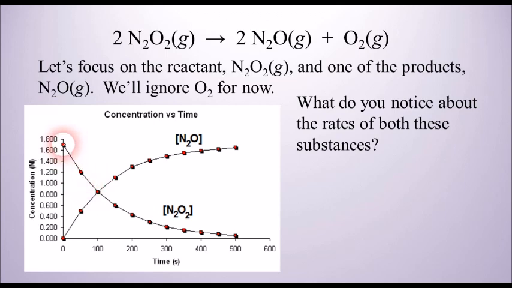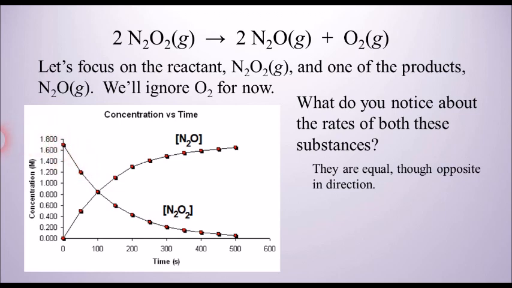It starts at a fairly high concentration, about 1.700 molar here, and then it falls. And notice that its curvature is basically the same as it was for the N2O. These 2 substances have the same curvature, as we would say, the same rate. And so the rates of both of those substances are equal, although they're going opposite in direction.